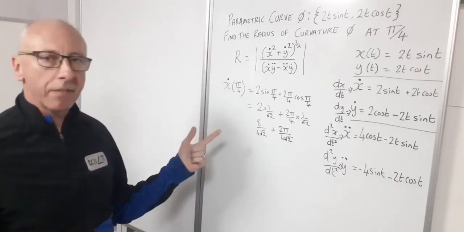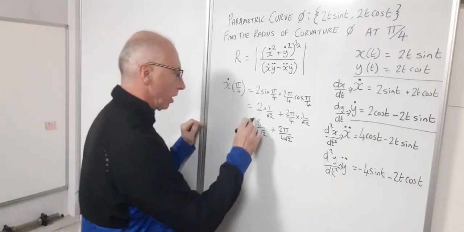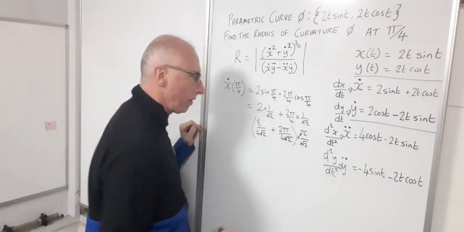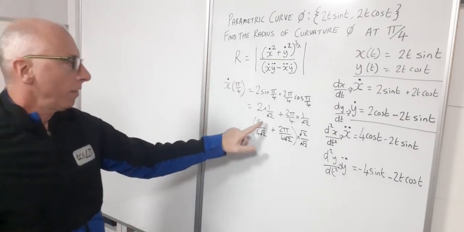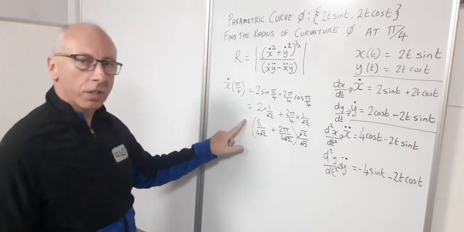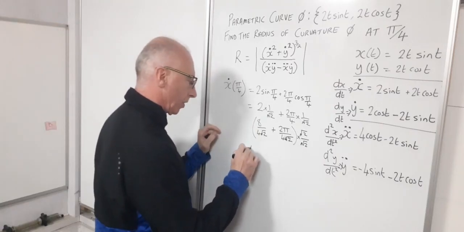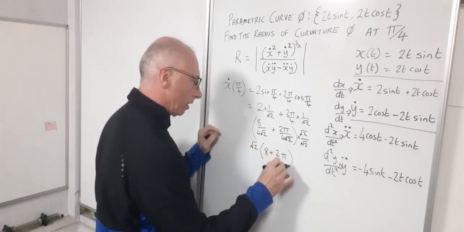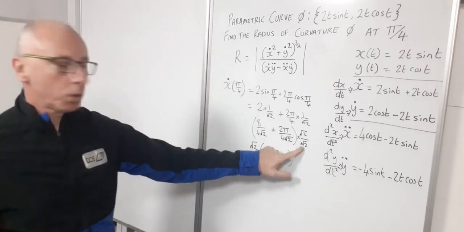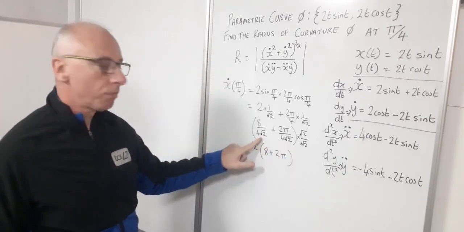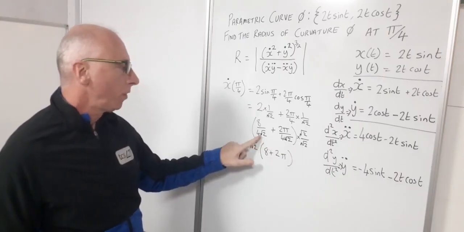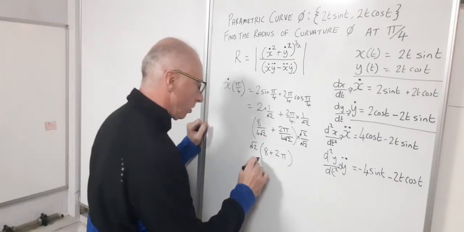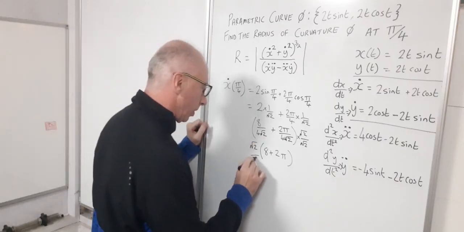So let's multiply everything by root 2 over root 2. Then I'm going to have root 2 on the top, and then 8 plus 2 pi. And on the bottom, I'm going to have 4 root 2 times root 2, which is going to give me 8. So that's all going to be divided by 8.